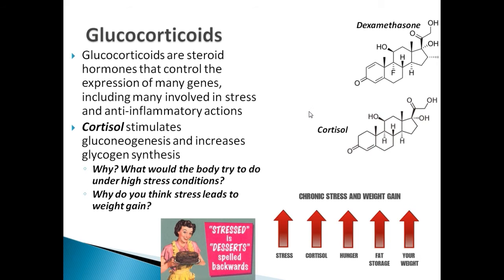Well, when cortisol is released under stress conditions, it will allow glycogen synthesis to take place, which means that because the body is under stress, over a long period of time it'll basically ready itself for a later energy release.